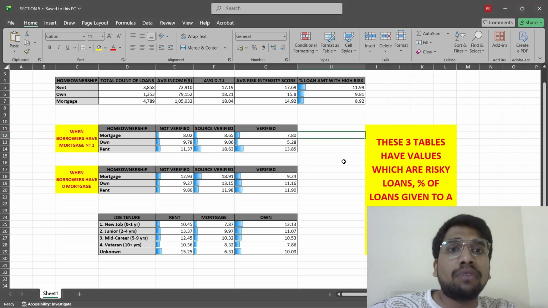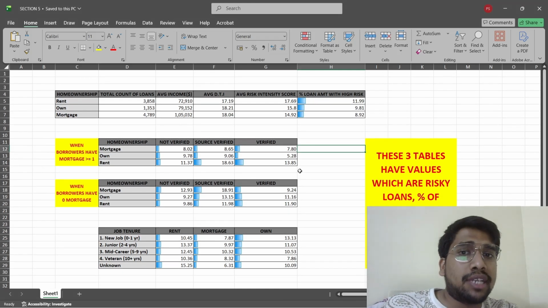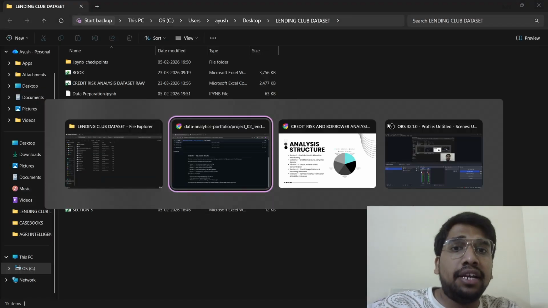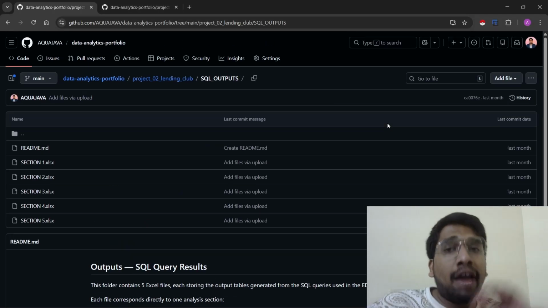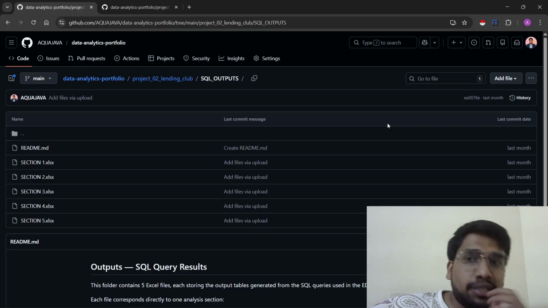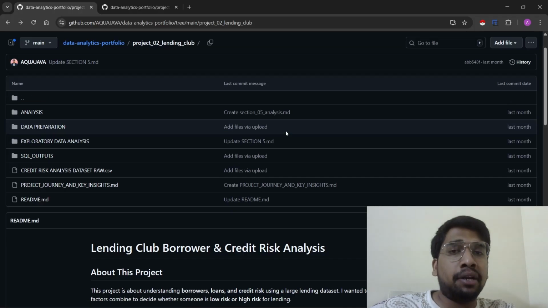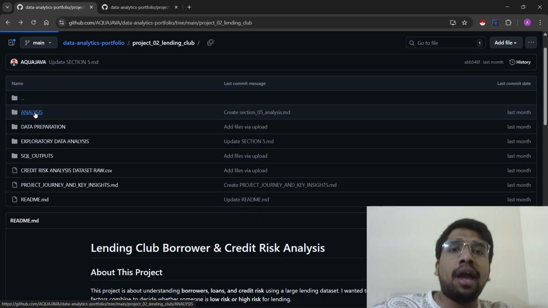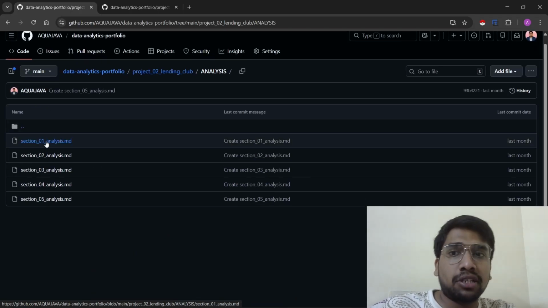In this way, I had created these Excel tables, and then after this, I started reading the tables one by one. I first did some data formatting here. As you can see, there were data bars in some of the cells. I did some data formatting so that it looks better and is easier to understand. And then after that, I did my entire analysis here, section by section.